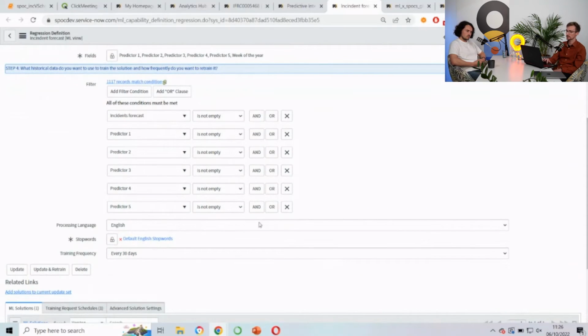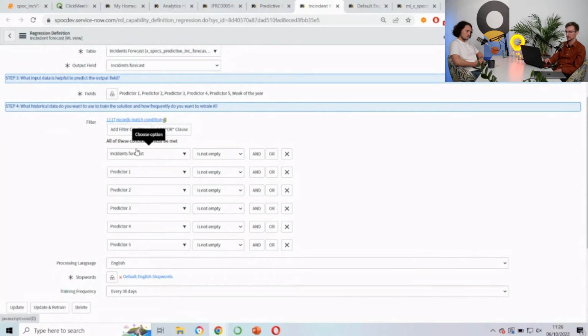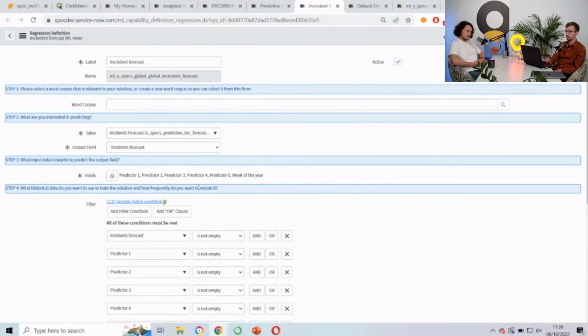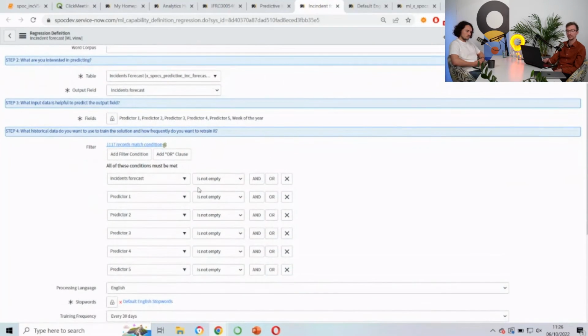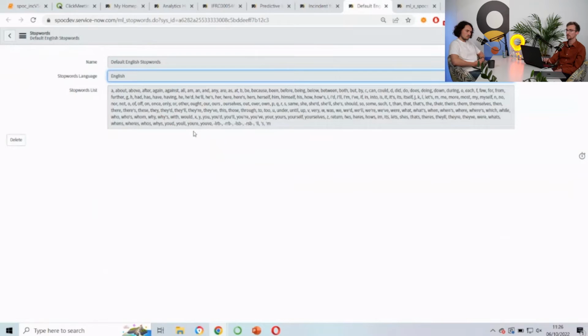Processing language is by default English. Stop words is quite interesting. It's not used here exactly, but you can also use regression to process text, and then it becomes useful. Stop words are basically words that don't give you any value when you search. So you can add here a list of words that should be deleted from the query when you are training the model.